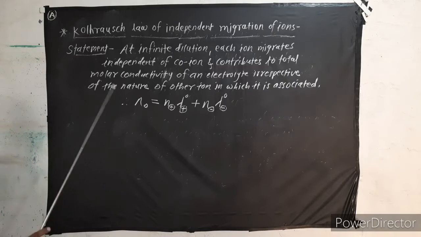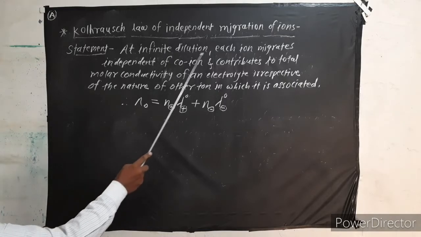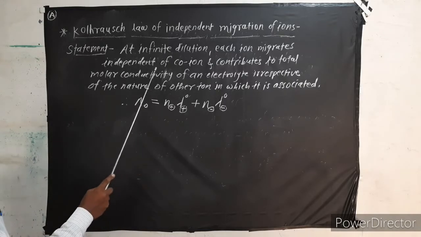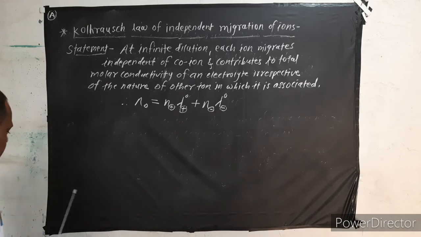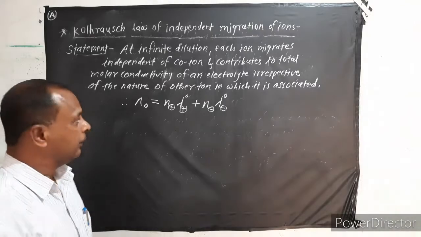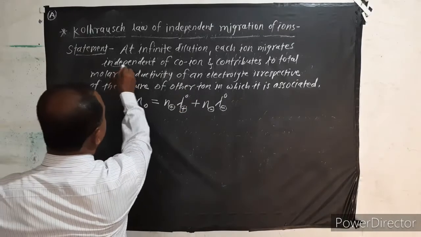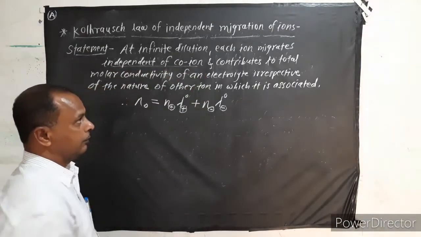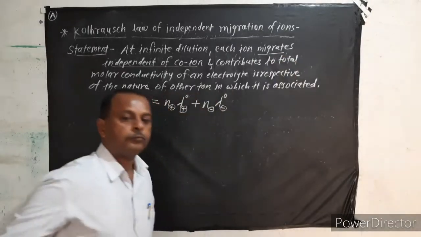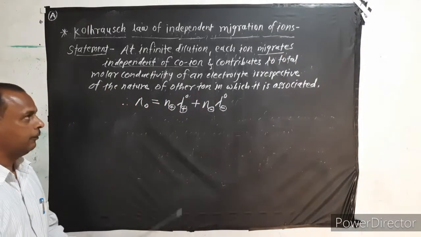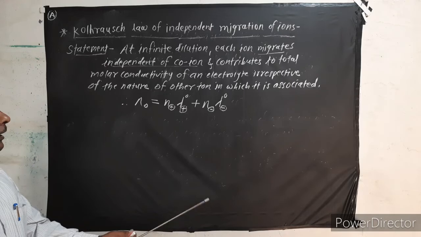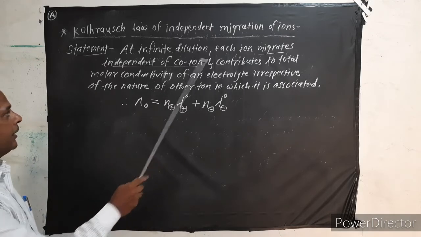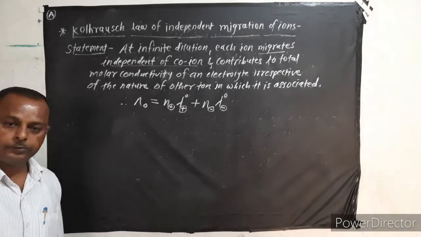Now, at infinite dilution, each ion migrates independent of its co-ion, what does this mean? In dilute solution, when an electrolyte is dissolved, the migration of ions takes place freely.